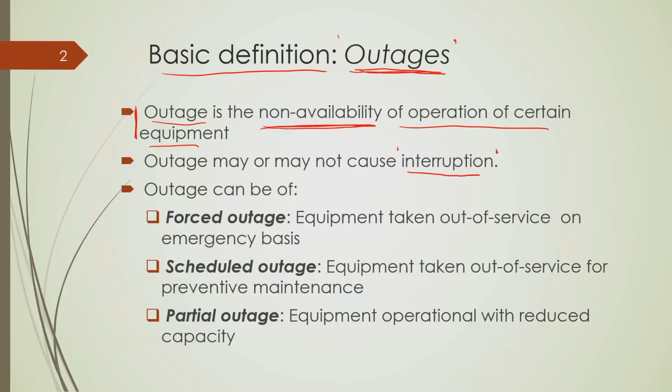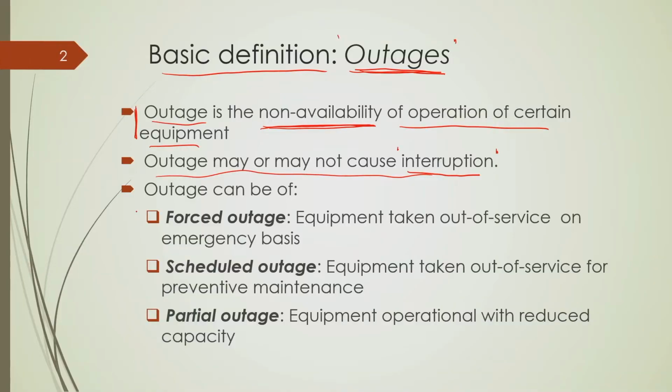So, outage means any sort of non-availability of any particular equipment. And most importantly, an outage of any particular element may or may not cause interruption. This is the basic difference between outage and interruption.